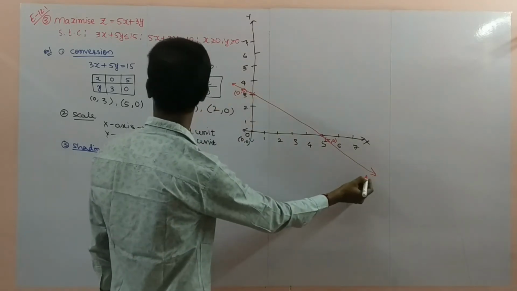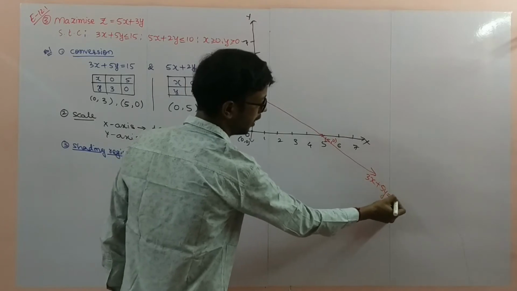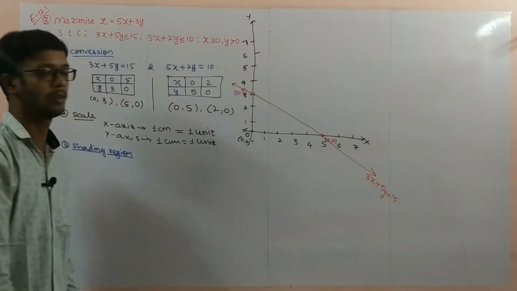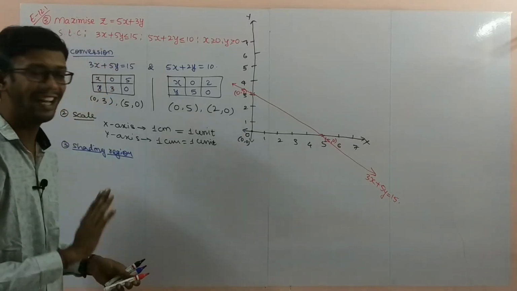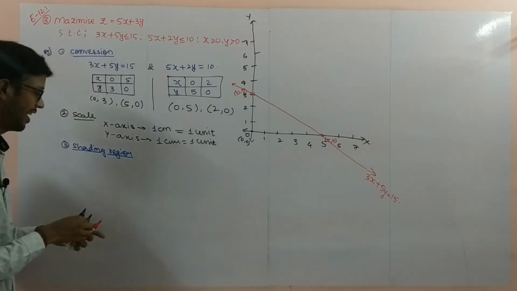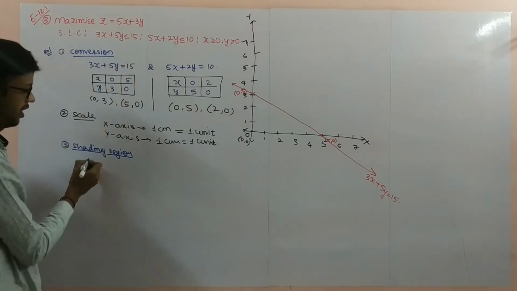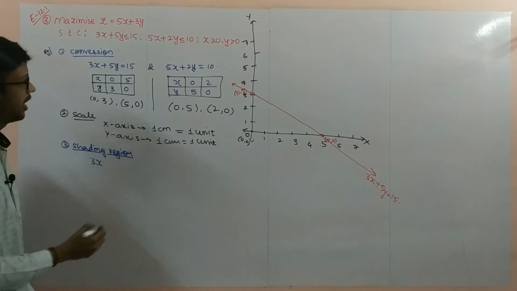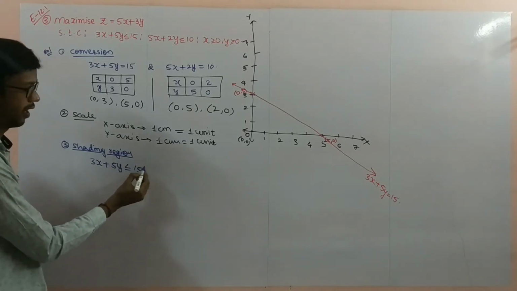This equation is 3x plus 5y equal to 15. The shading region we can also finish here. For the shading region, I'll take the inequation: the first inequation, 3x plus 5y is less than or equal to 15.